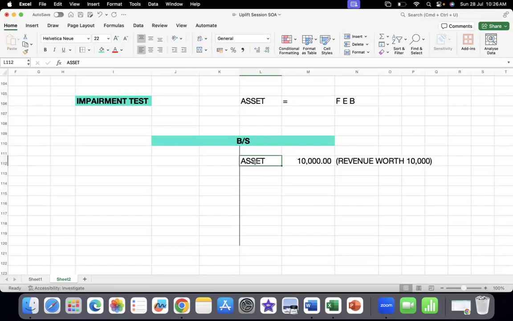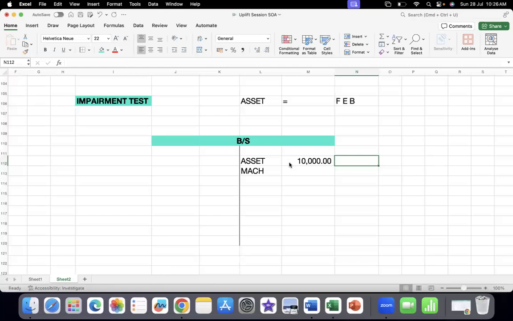That means if the value of my asset is 10,000 in my books of accounts, it means that 10,000 is my future economic benefit from that asset. Let's say it is a machine for that matter. It is going to generate me a revenue worth rupees or dollars 10,000.